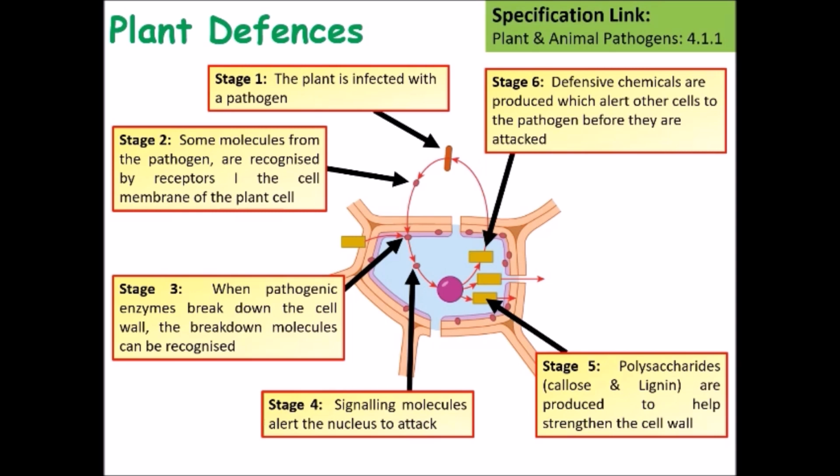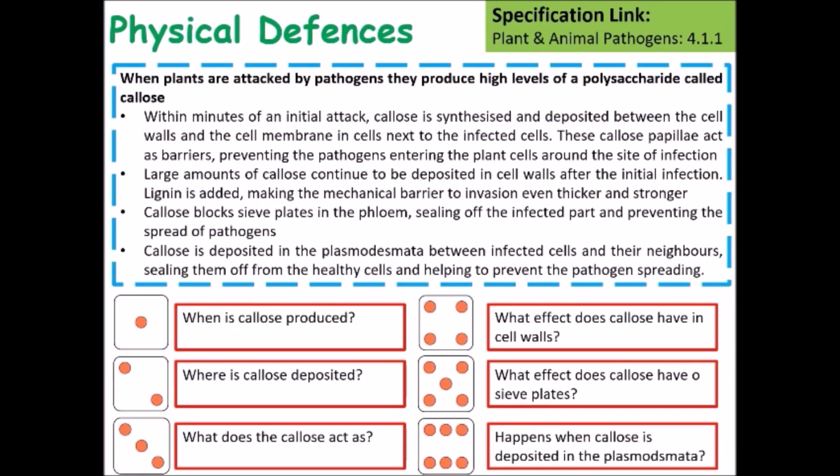In response to pathogens, high levels of a polysaccharide called callose are produced. Within minutes of an initial attack, callose is synthesized and deposited between the cell walls and the cell membranes in the cells next to the infected area.